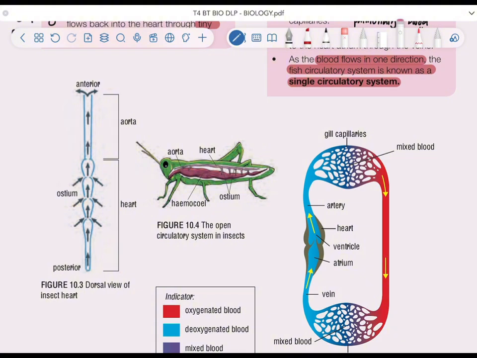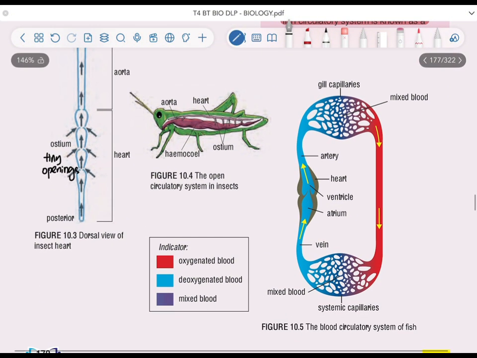The body of the insect has many of these ostia, which are the small openings, just like the arrows over here. They are the tiny openings that allow the gas to enter. That's why they can use simple diffusion to get the substances that they need.